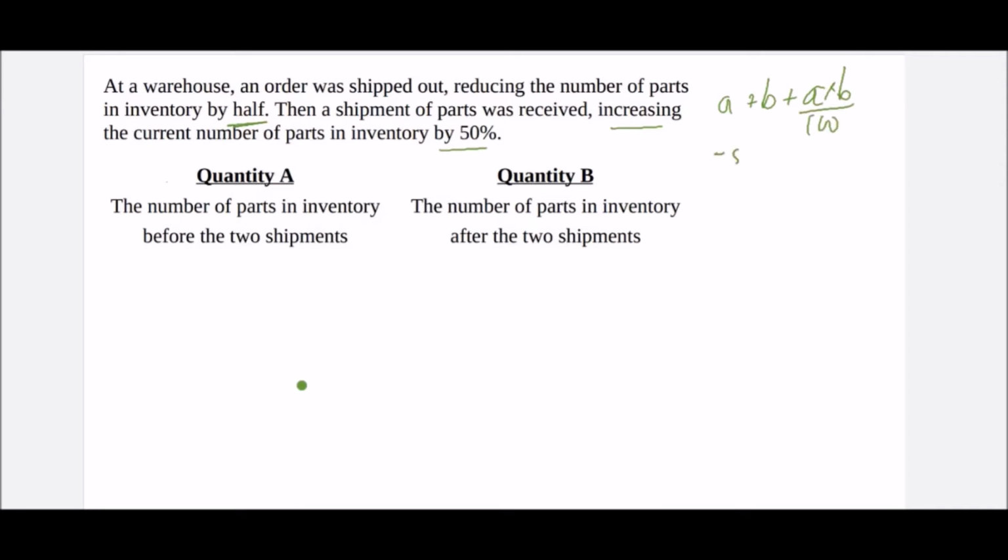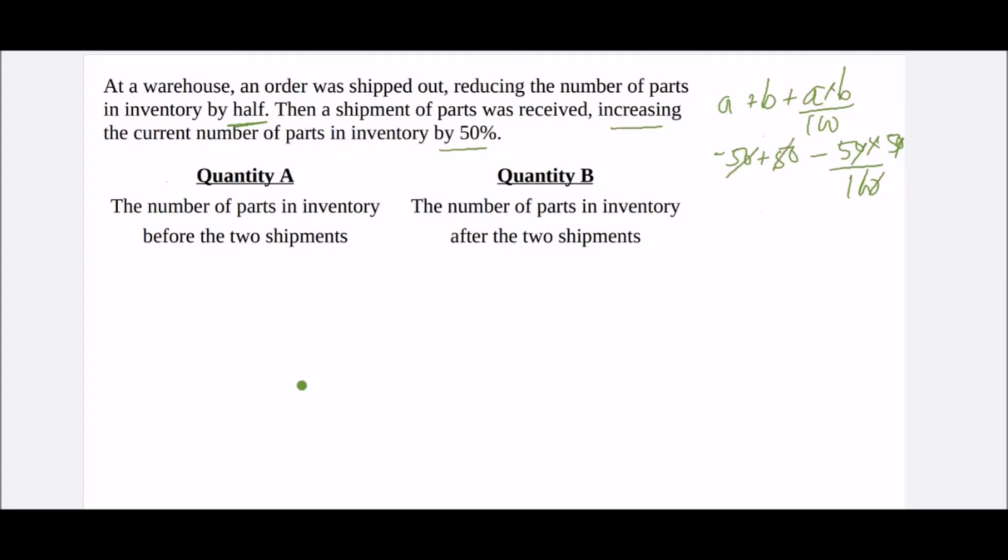So A is minus 50, B is plus 50. Plus minus 50 into 50, that is minus 2500 divided by 100. The zeros cancel out. It will become 0, right?